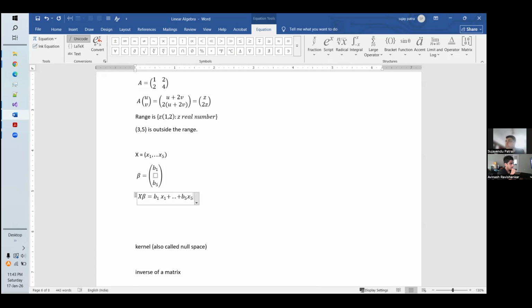You can only play with the b's, because those are the coefficients you are allowed to fit. The x is already given. So that means you have only 5 free variables in this equation, b1 through b5. These are the only ones you can play with. So you have 5 degrees of freedom.